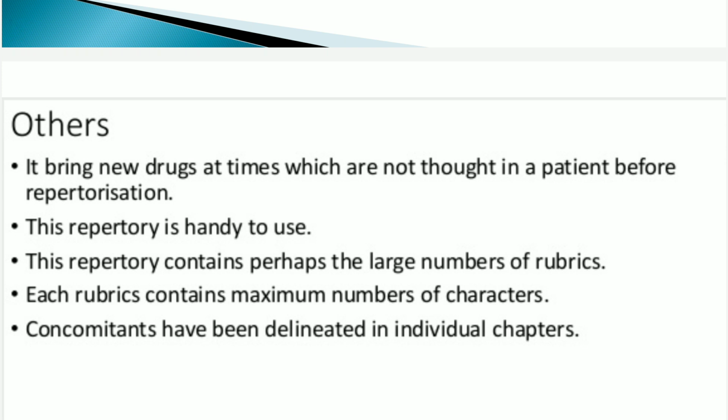And some other important points related to Kent repertory are: it brings new drugs at times which are not thought of in a patient before repertorization. Means we know only a few medicines. If we have any one symptom, for example, right sided headache, then for right sided headache we know only 1-2 remedies.